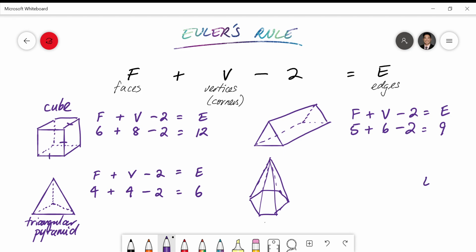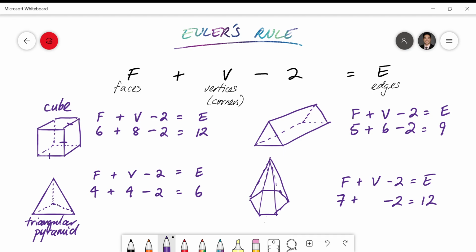Let's backtrack. We can count the number of edges: 1, 2, 3, 4, 5, 6, 7, 8, 9, 10, 11, 12. So we've got 12 edges. Let's work out the number of faces first, and then the number of corners. We've got 6 triangular faces going around, plus the base, which is number 7.